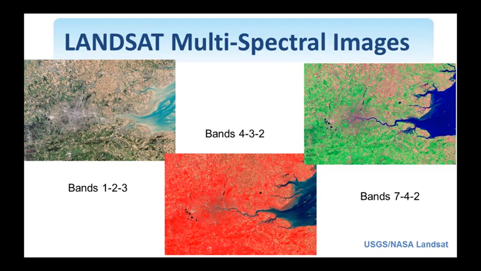The reservoirs here, close to Heathrow, are shown in dark blue, while the city itself is shown in gray. So these images offer very good views of city infrastructure, sediment, and also bathymetry. We can tell how deep the water is over there.